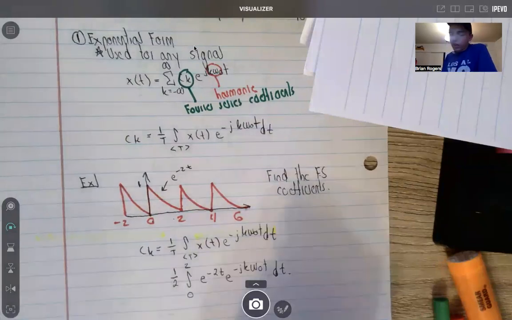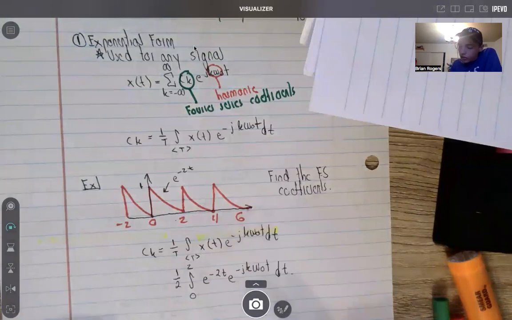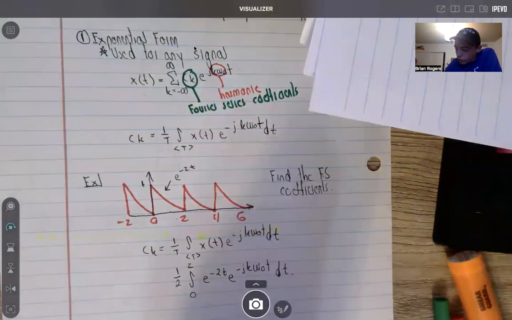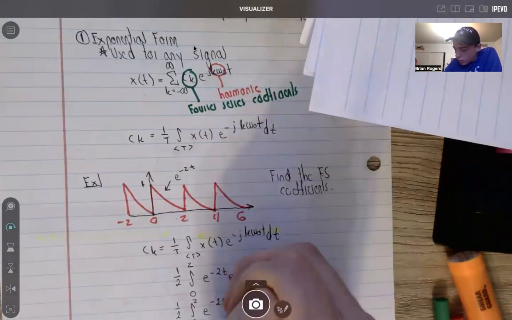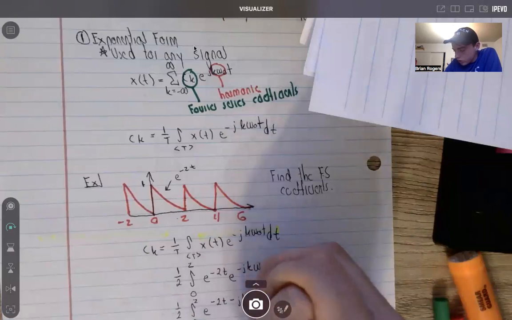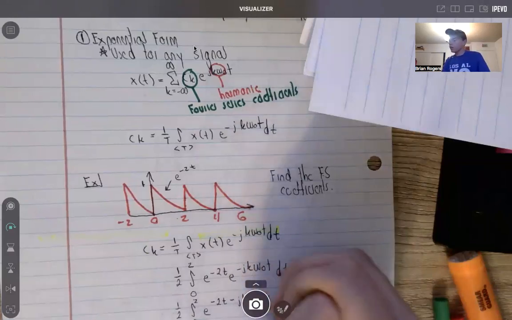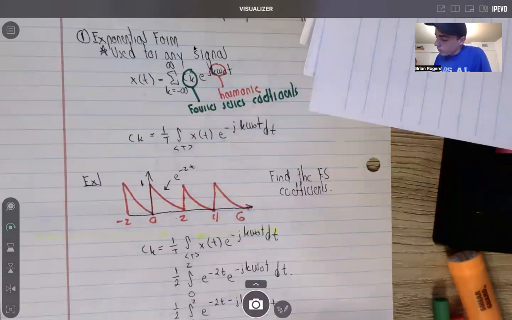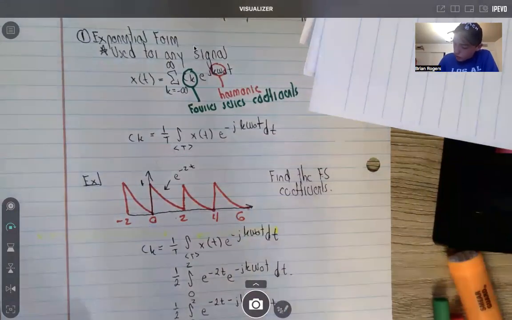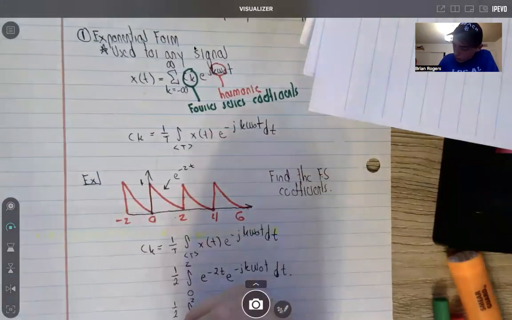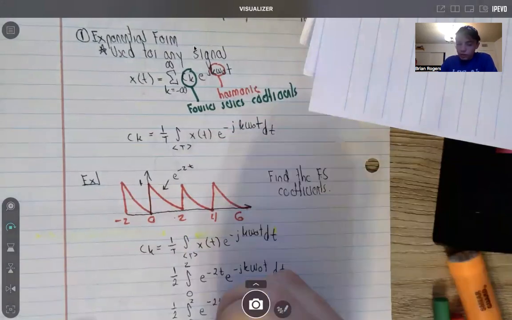When we write this, can't you combine these because they have the same base? They both have e. So you can write it as 1 over 2, integral from 0 to 2, of e to the negative 2t minus j k omega naught t dt. Because they have the same base, you can add exponents. Now we can redo it so that we get the t term common to both, so we just get a constant for the others, because t is the variable of integration here.